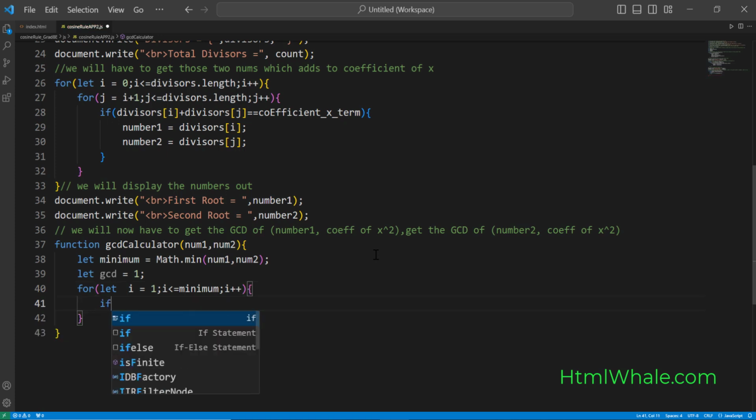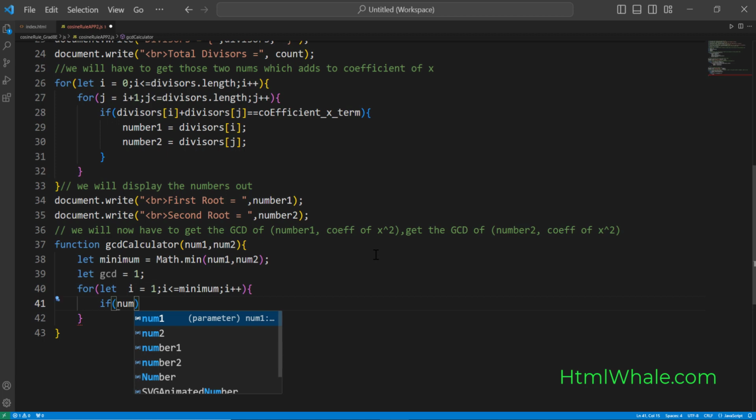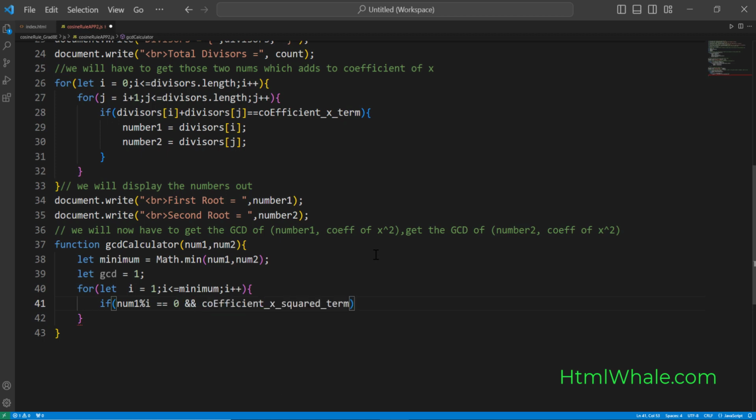If number 1 modular division i is equal to 0, along with that, if the coefficient of x squared term modular division i, in this case it's going to be number 2, because we're utilizing a function, if it is equal to 0, then what happens? The GCD value becomes equal to i.